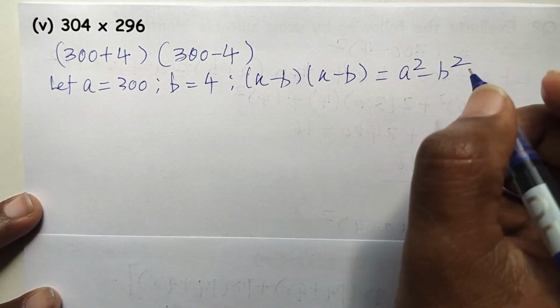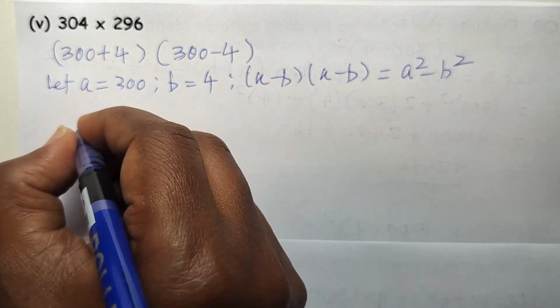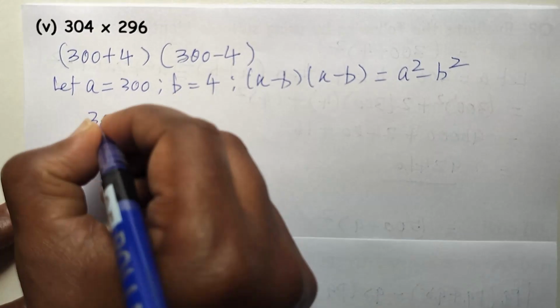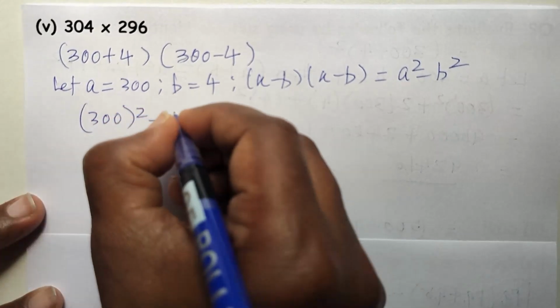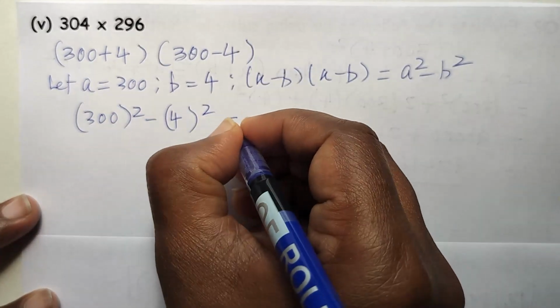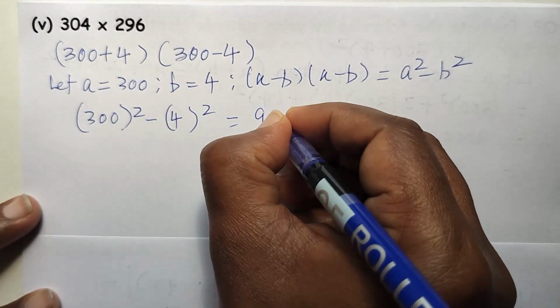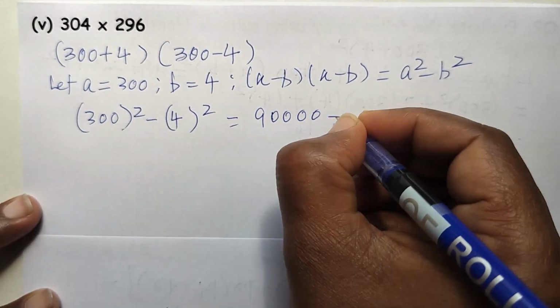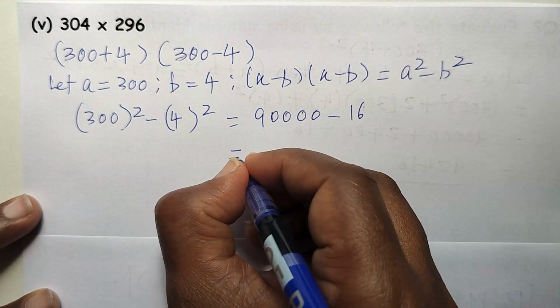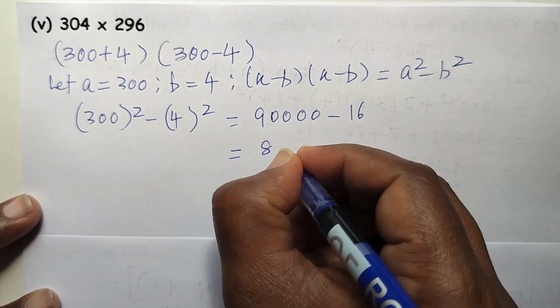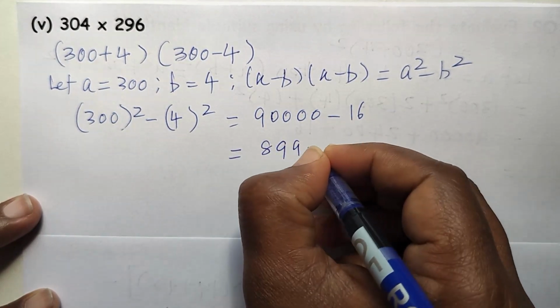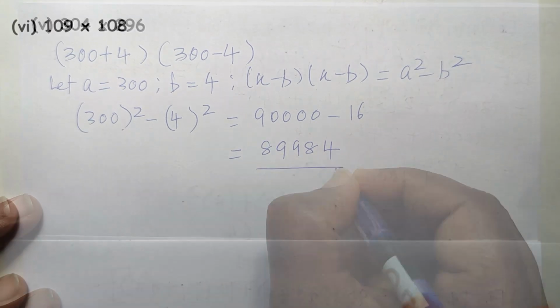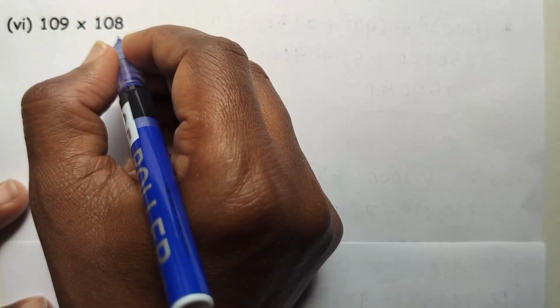So when you are going to input this, we get 300 square minus 4 square. So 300 square means 90,000 minus 16. So that will be 89984 here.